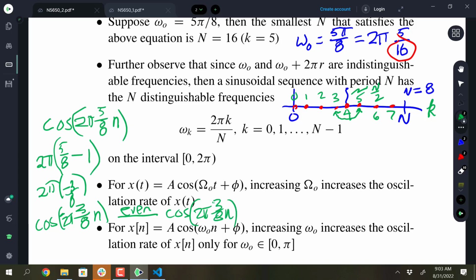So I'm just saying, for the case of a real sinusoid, 3 and 5 are equivalent frequencies, and that also relates back to the idea of the folding frequency from sampling theory. If it's a complex sinusoid, then 3 and 5 are not equal, but for a real sinusoid, they are equal.